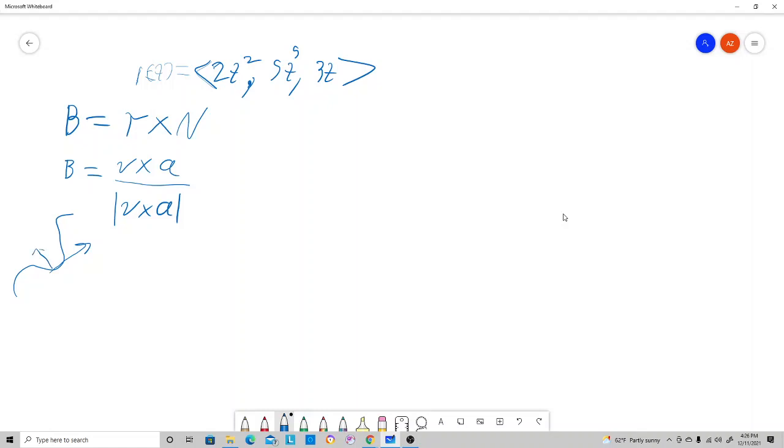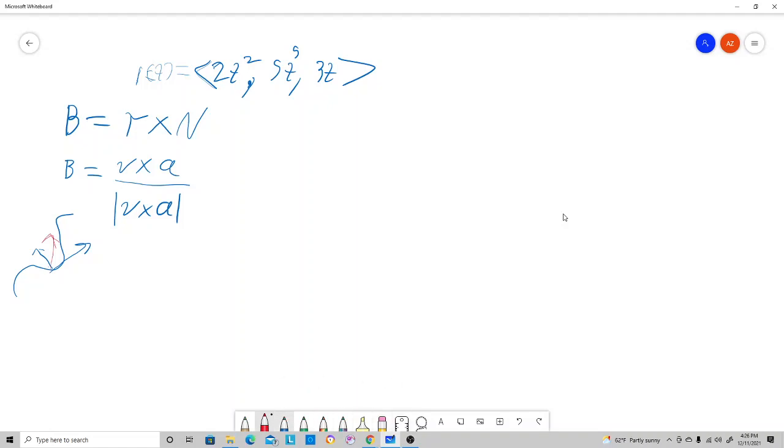A vector is going to come out of that because we're doing the cross product, and that unit vector that comes out of it is considered the binormal vector.